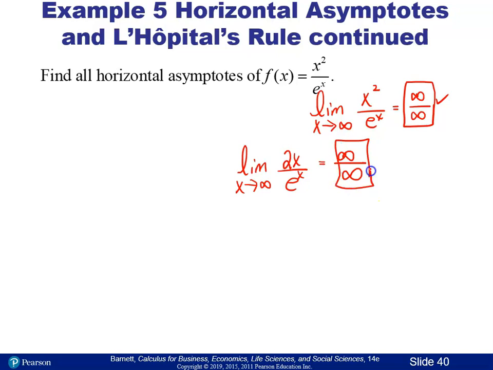So we've still got an indeterminate form, so we can keep taking derivatives. The derivative of 2x would be 2, and the derivative of e to the x would just be e to the x. So we end up with 2 over infinity, and 2 over infinity is actually just going to be 0, because 2 divided by a really large number is a really small number.